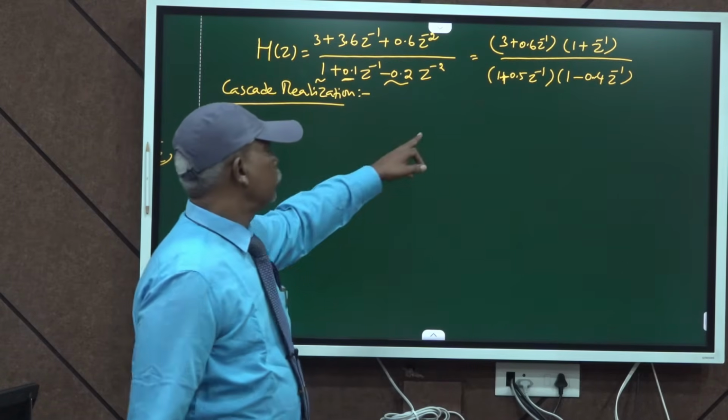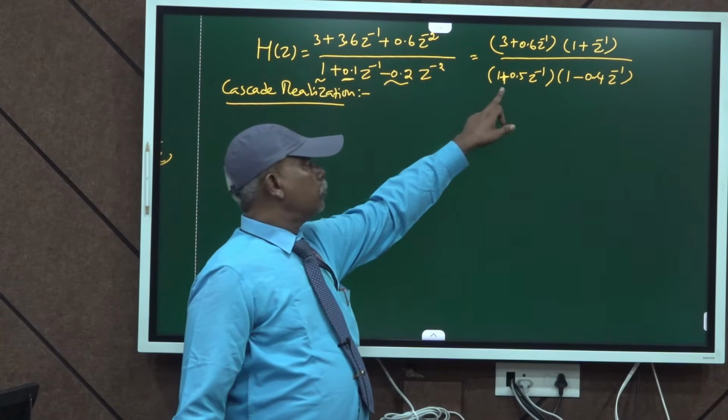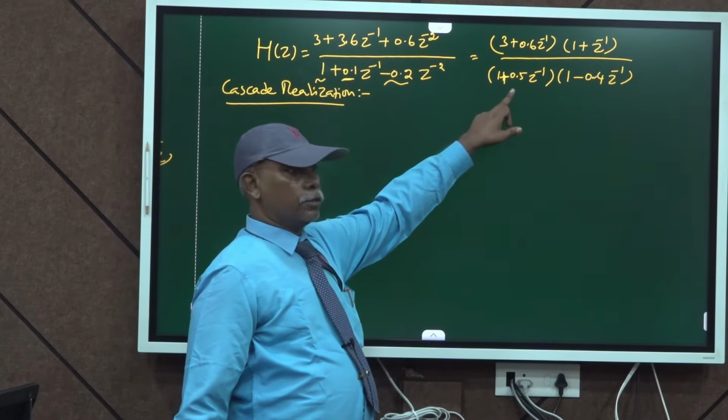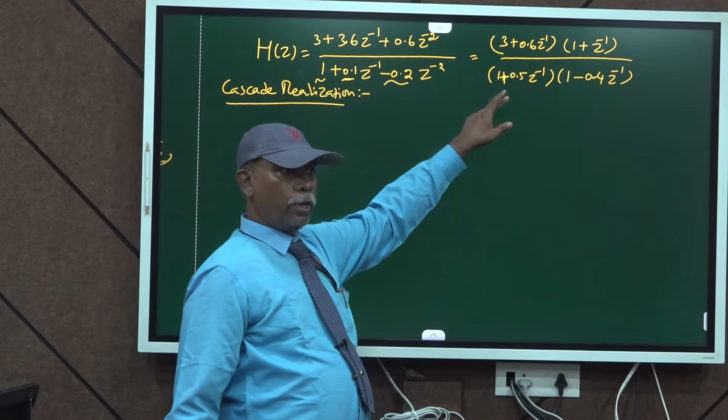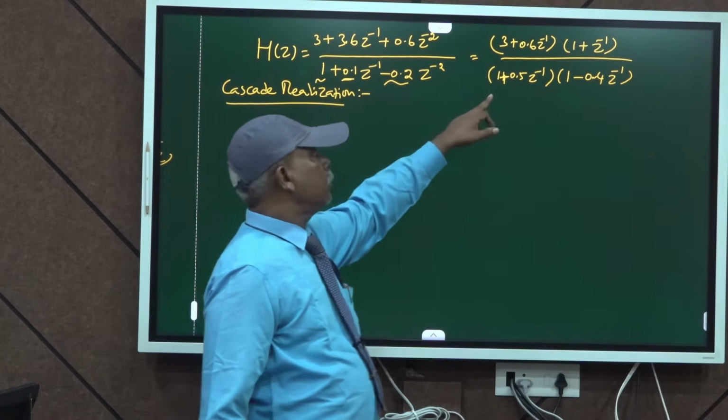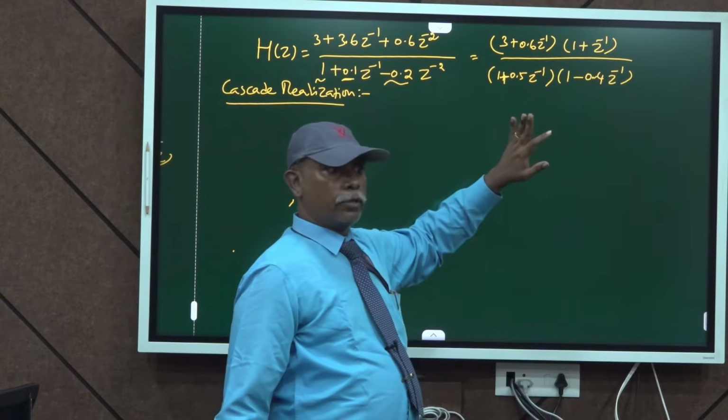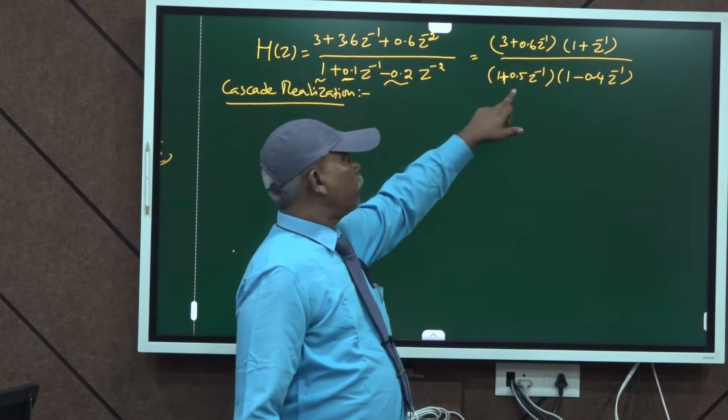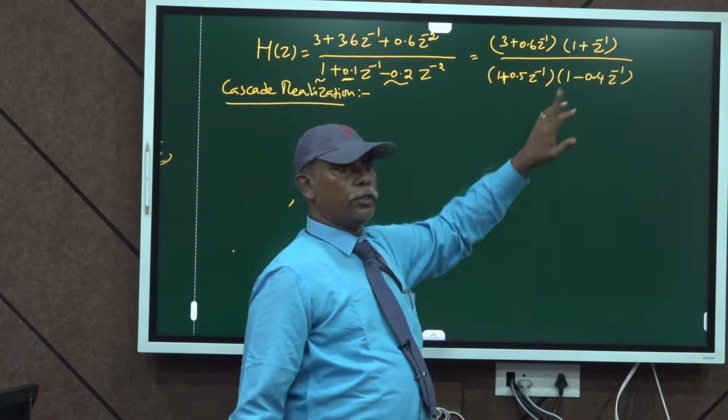So 1 plus 0.5 z inverse means z equals minus 0.5, and this is a factor. The factors are 1 plus 0.5 z power minus 1 and 1 minus 0.4 z power minus 1.